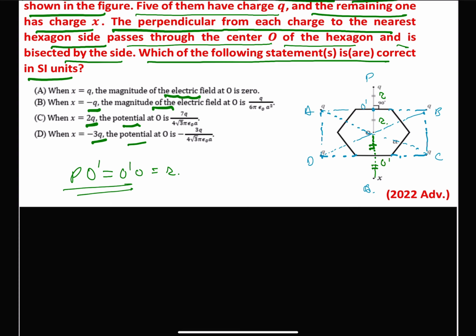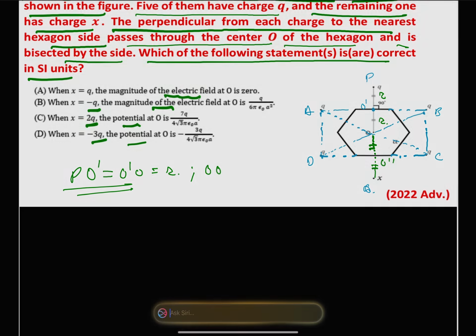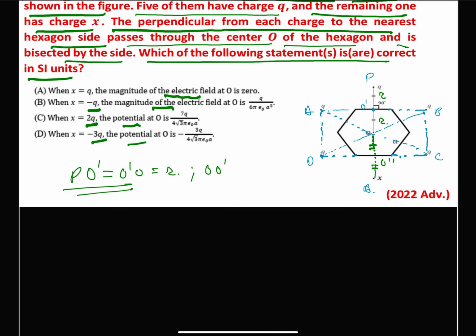So O double prime P will be equal to O double prime x, and that will also be equal to R.